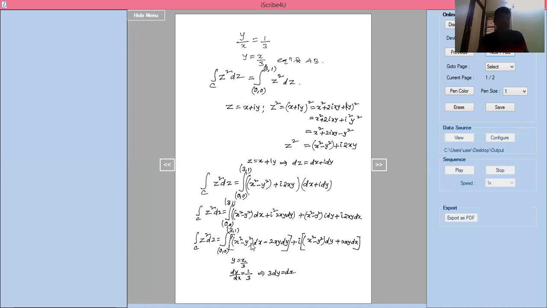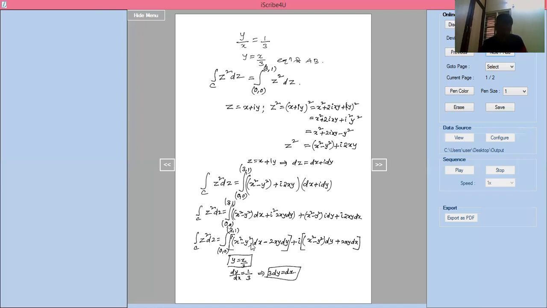Now, if you substitute like that, what you will get in the next step: y equals x by 3. In the place of y, we are going to substitute x by 3, and 3 dy in the place of dx, since 3 dy equals dx.